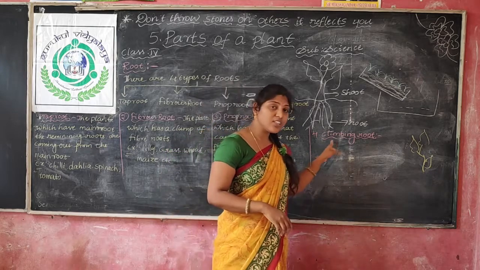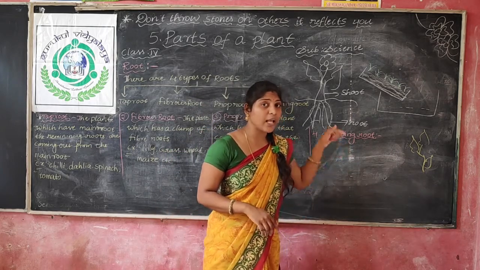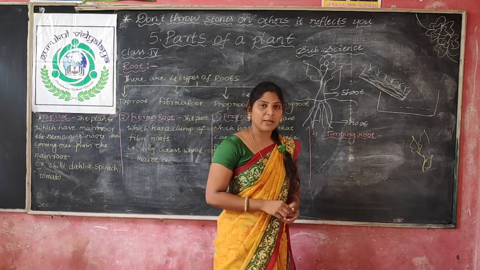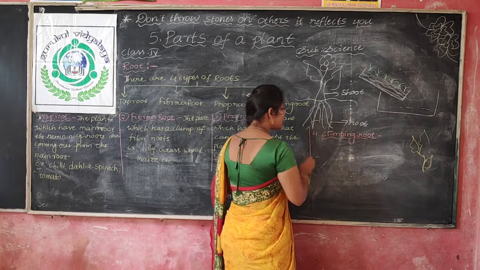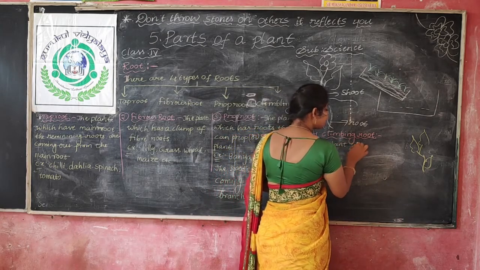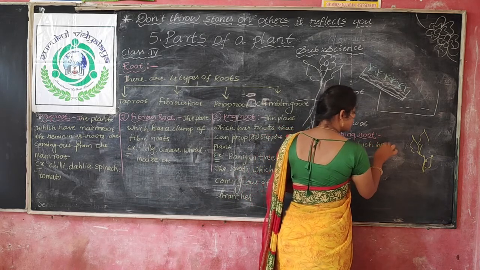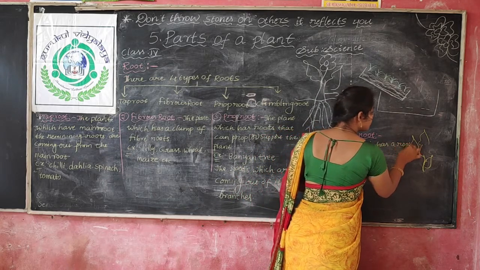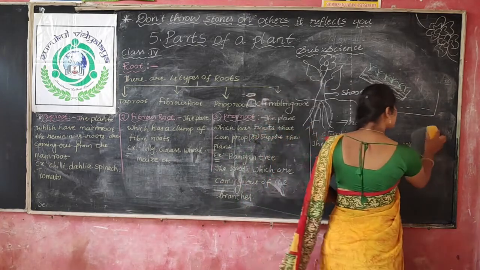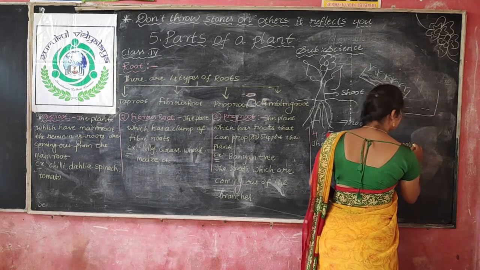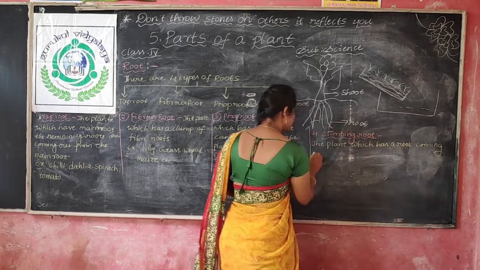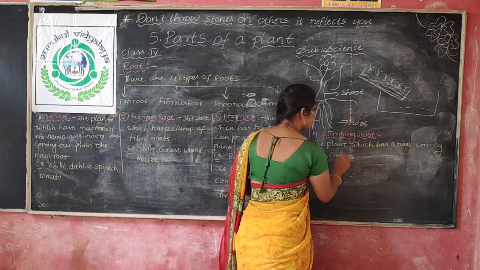Understood? Why are we calling this root a climbing root? Because these roots are helping the plant to climb. What is a climbing root? The plant which has roots coming out from the stem.